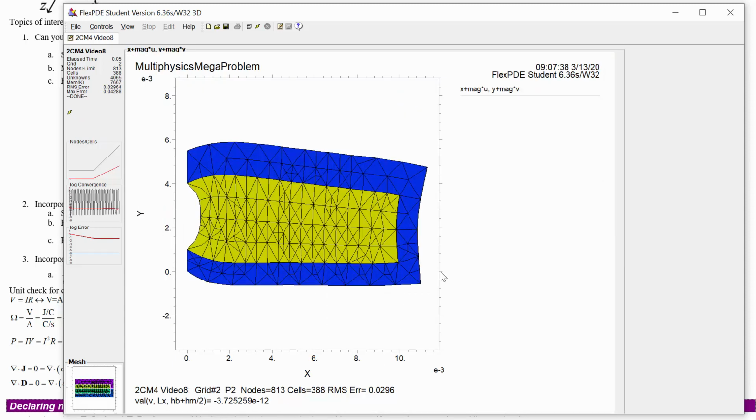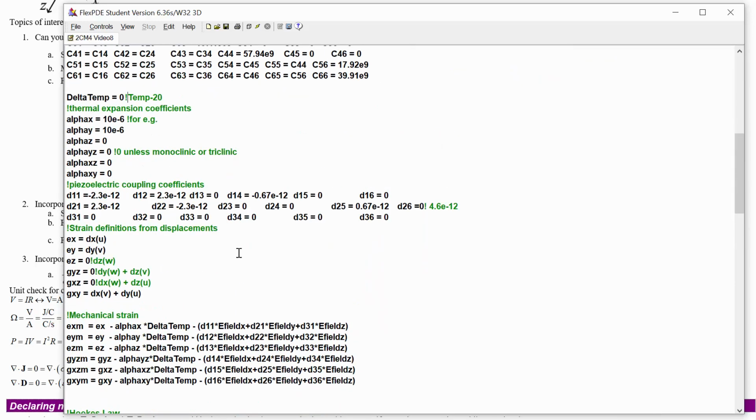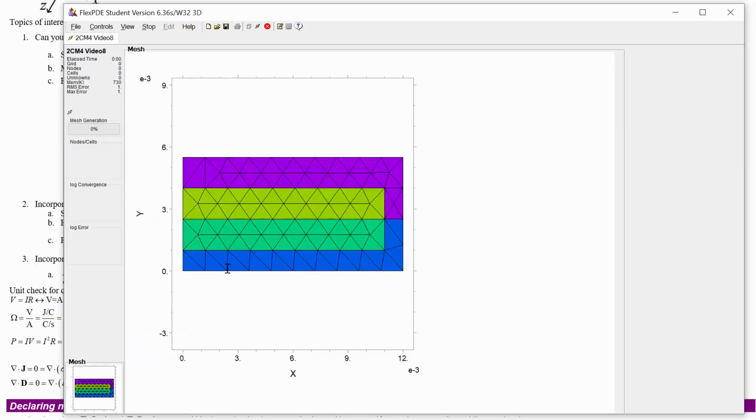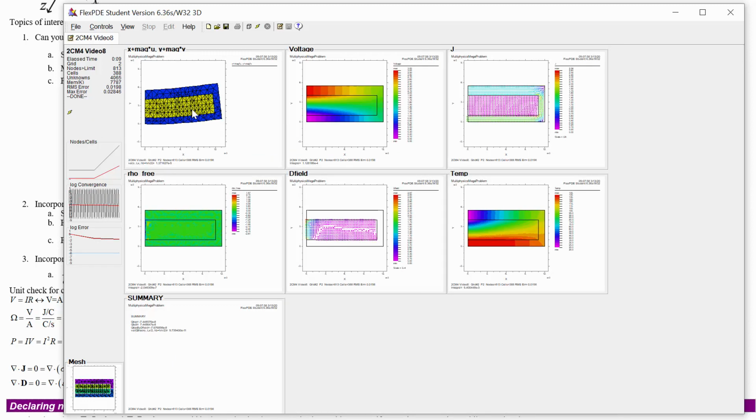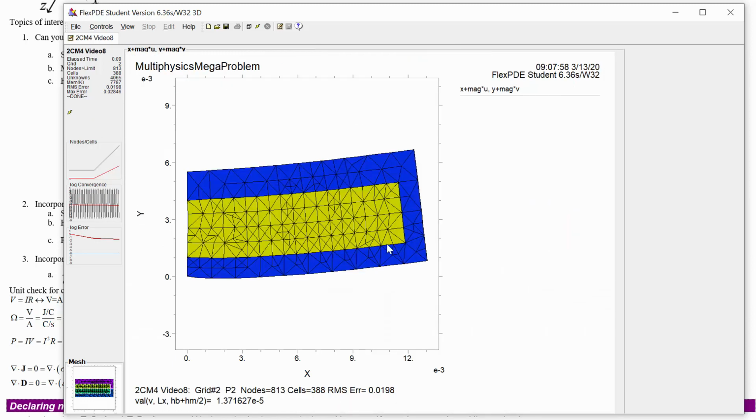We've got almost nothing, on the order of E minus 12, as the displacement at the tip there. But with thermal expansion happening, the displacement became on the order of 10 to the negative 5. So much more displacement at the end of this thing.